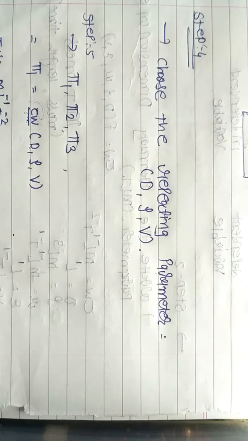Is that clear? It is easy to understand. Now next, step number 5. pi 1 equals shear stress tau w in bracket diameter d, density rho, and velocity v. After that we convert into MLT form: tau w equals M L raised to minus 1 T raised to minus 2, d equals L raised to 1, density equals M L minus 3, and v equals L T raised to minus 1.